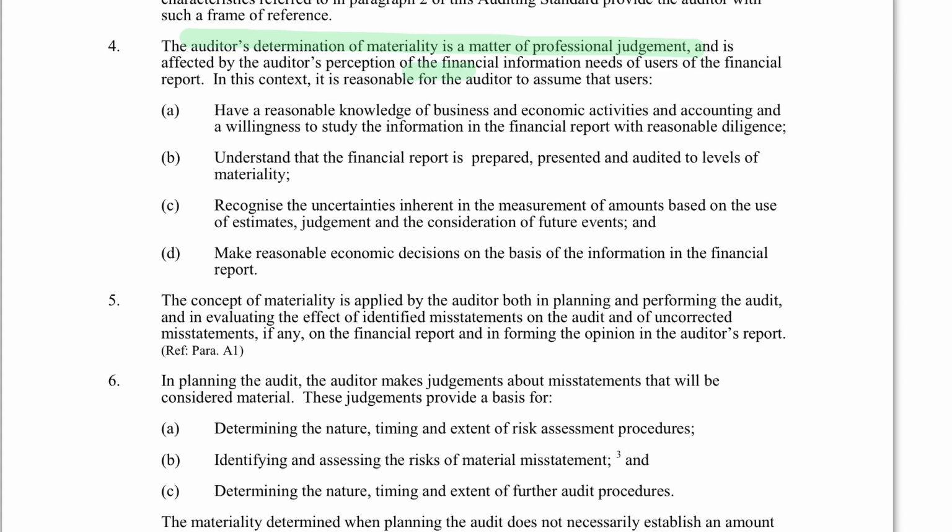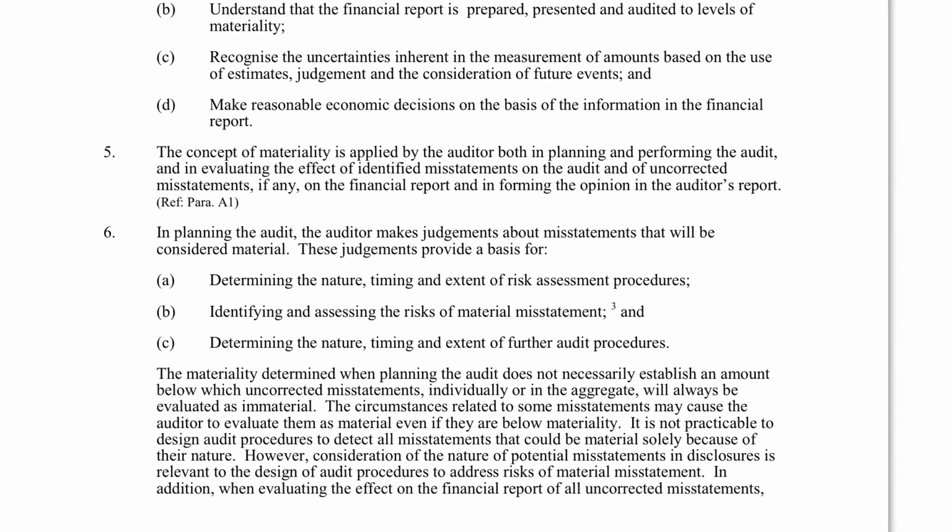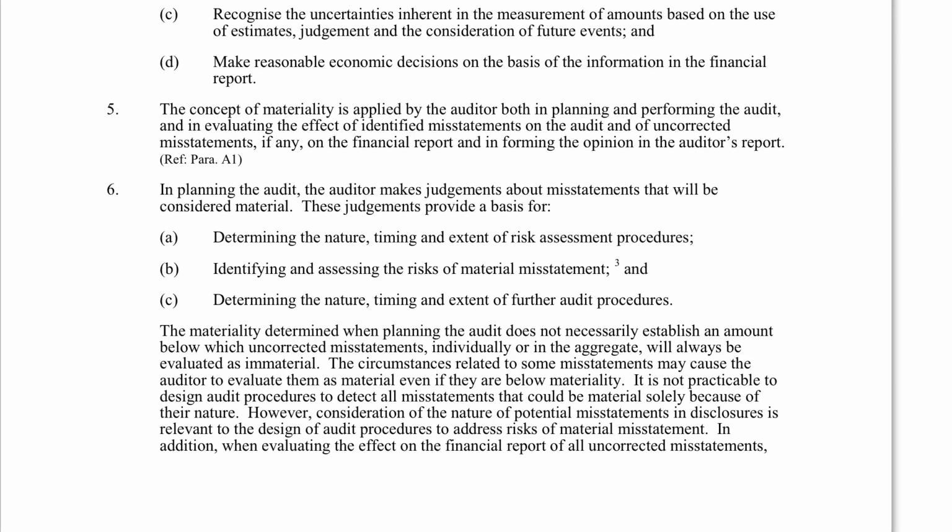So the auditor has to assume that users have a reasonable knowledge of the business, understand the financial report, recognize that there's risk, and make reasonable economic decisions. These are the things that we expect our users to be able to know and understand, and we make our professional judgment with that in mind. So if I scroll down here, we've got an important section in number 5.